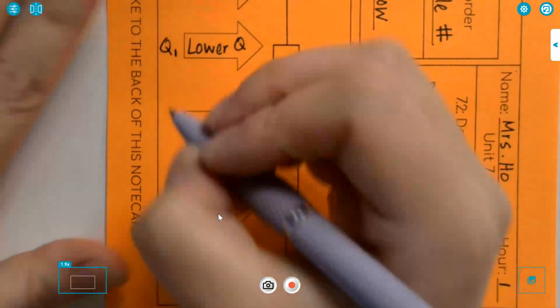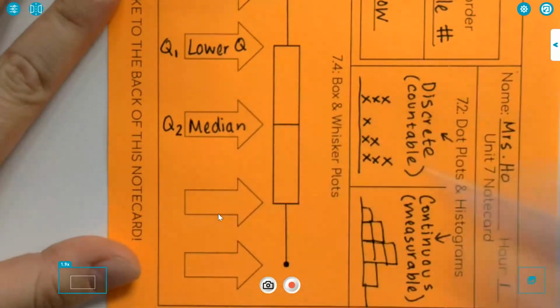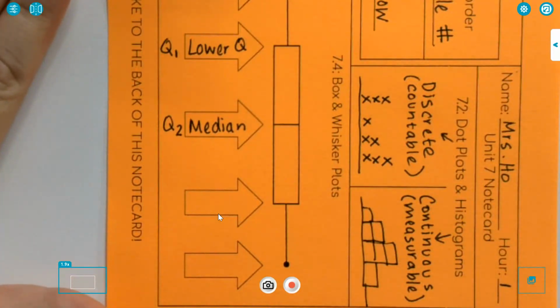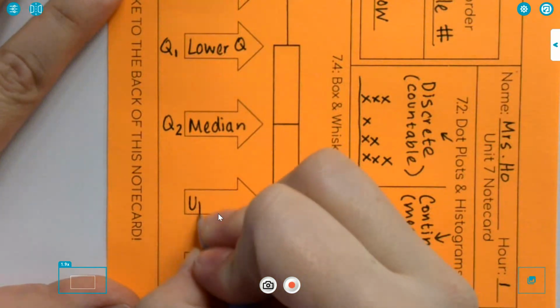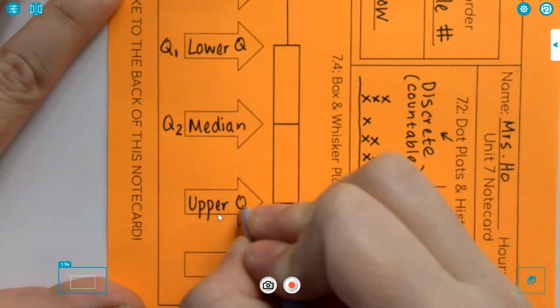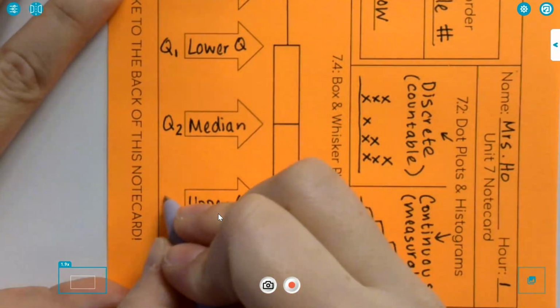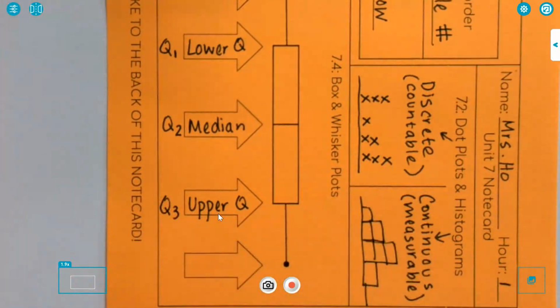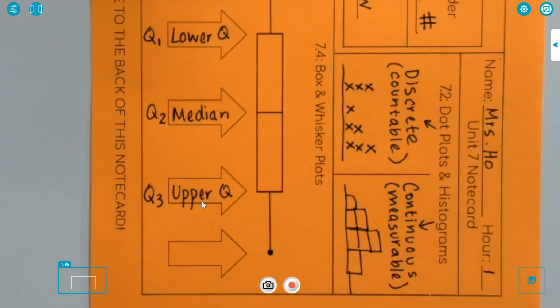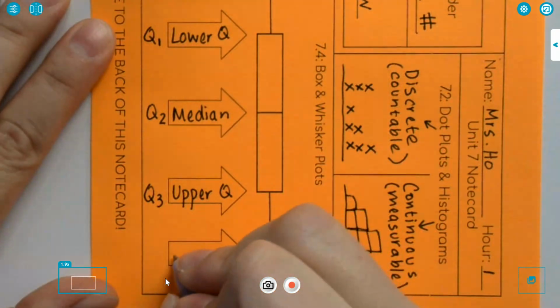And if you want to label that, that can also be Q2. The far right side or the top of your box is your upper quartile, which is Q3. And then the furthest to the right thing is your maximum.